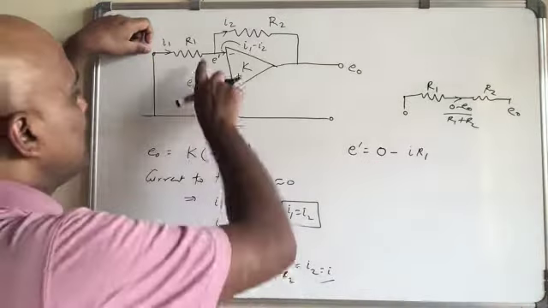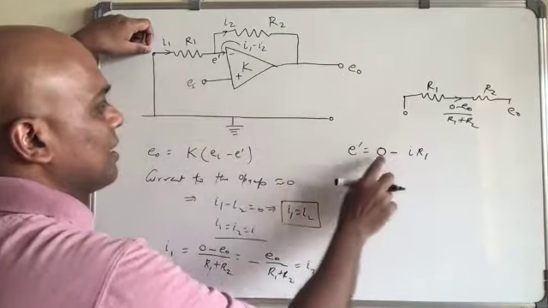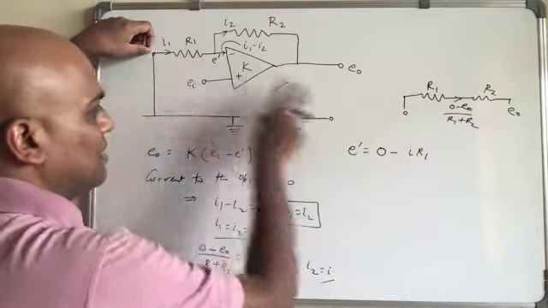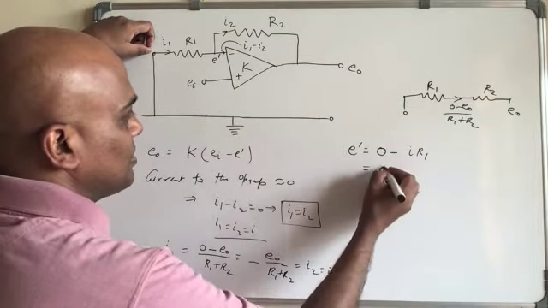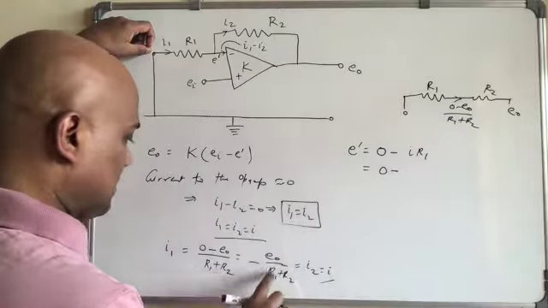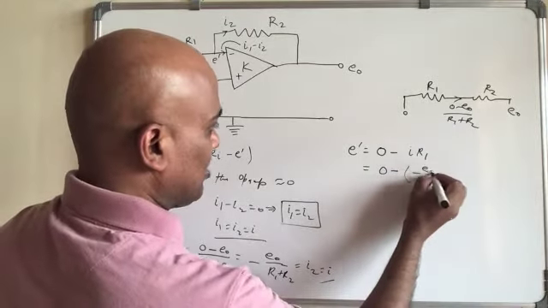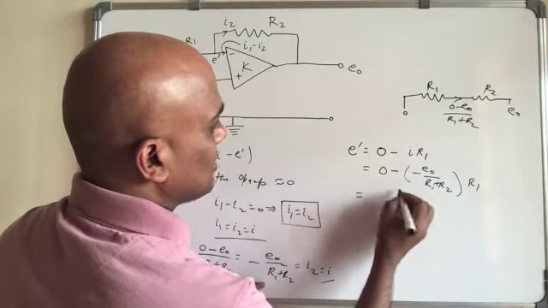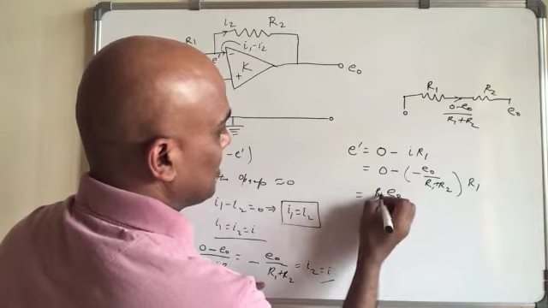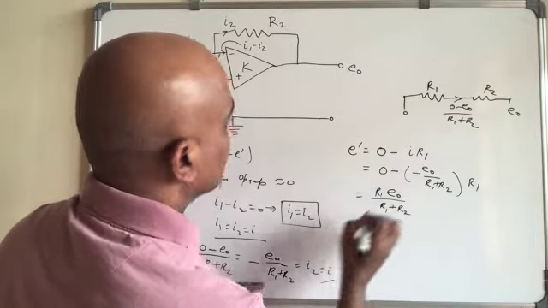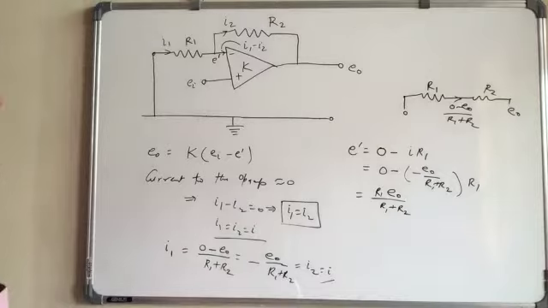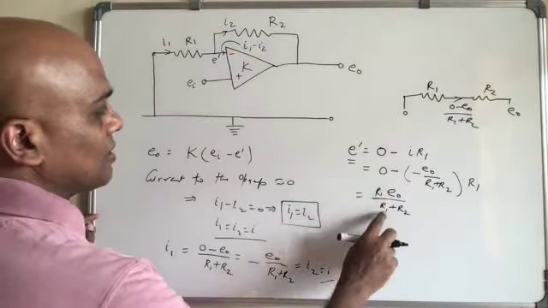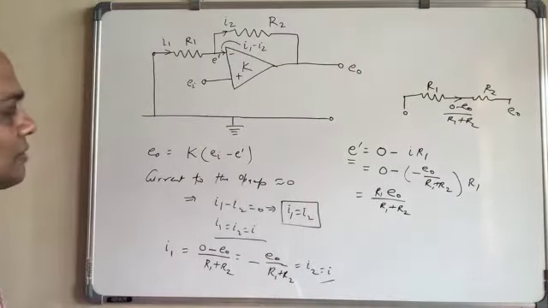So E dash will be whatever voltage is here, 0, minus the voltage drop because of R1, which is I times R1. So you have 0 minus I, which is minus E naught over R1 plus R2, times R1, and hence E dash will be equal to E naught times R1 divided by R1 plus R2.